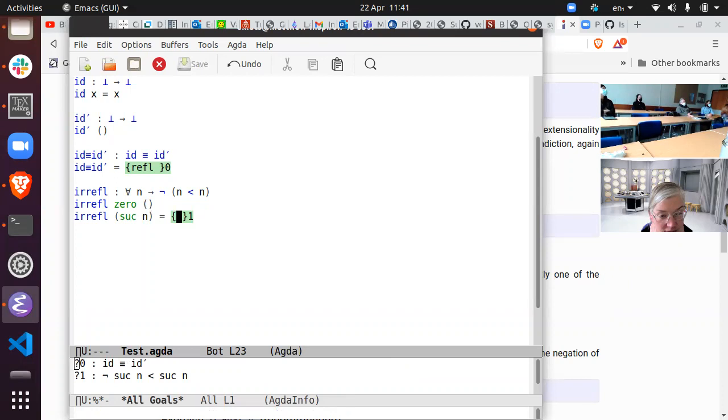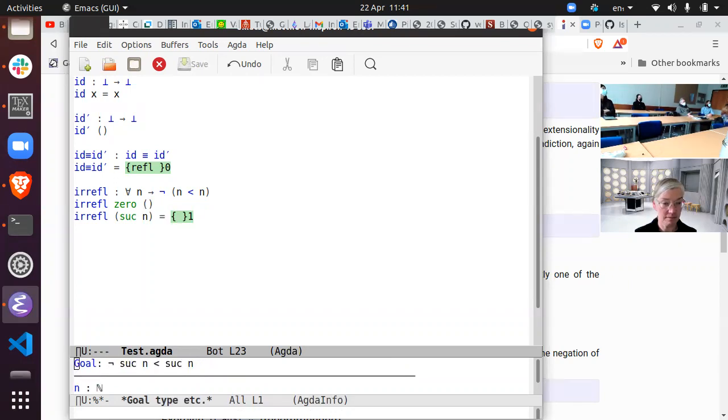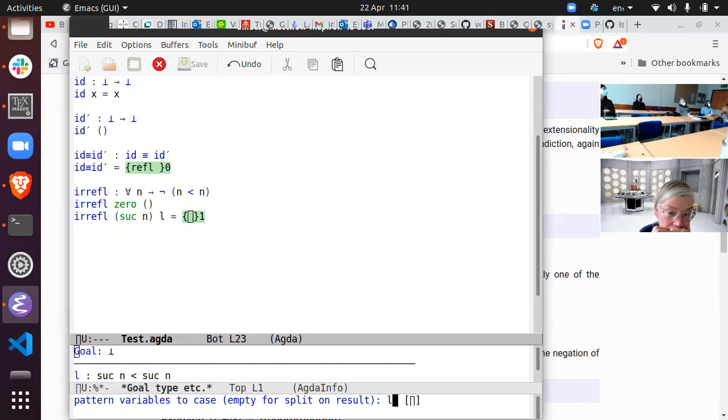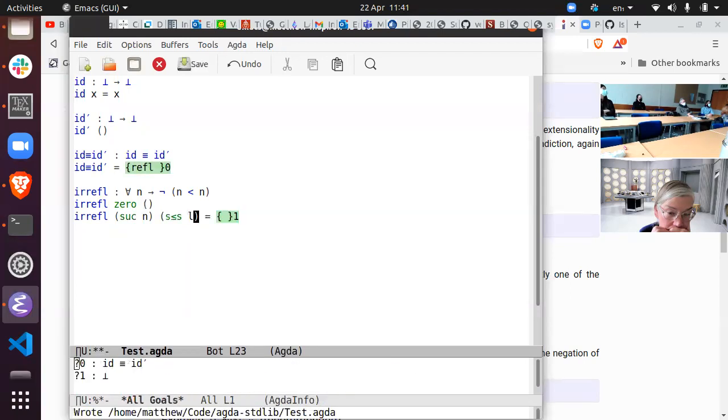So let's have the same thing here. Again, we need a proof of suc n less than or equal to suc n. So let's add that proof in as an argument. We don't need to produce something of type bottom. Let's play the same trick. Let's pattern match on L. Well, we have a proof that suc n is strictly less than suc n.